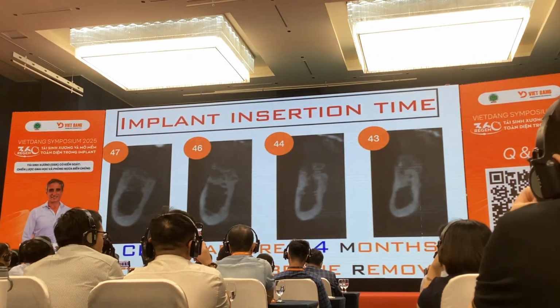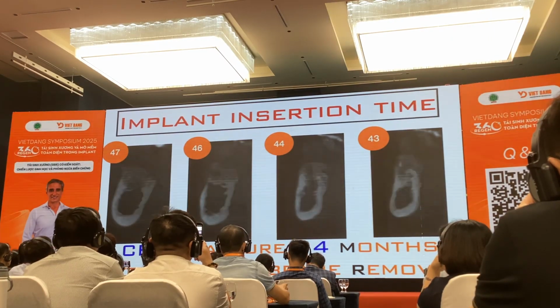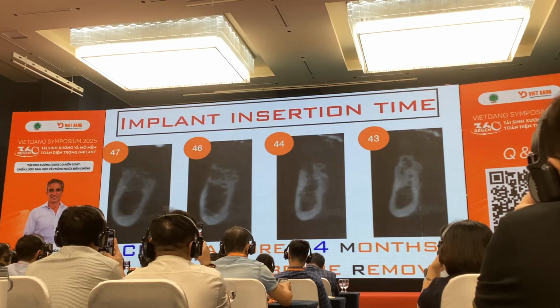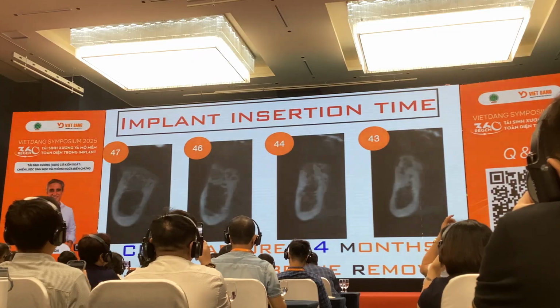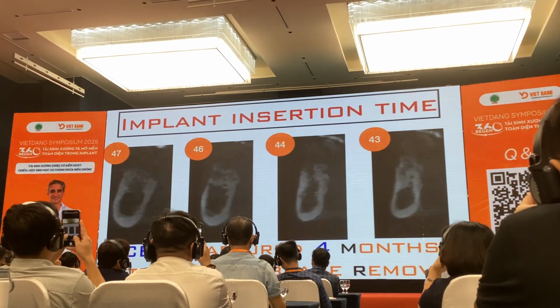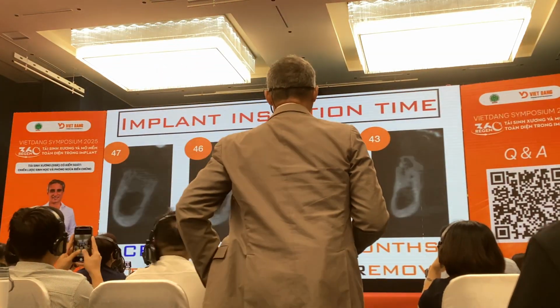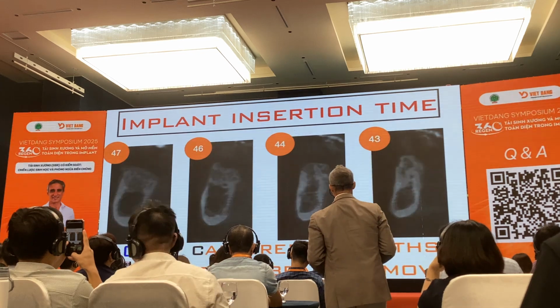And this is the characteristic of the bone 4 months later, after the periosteal contact. The bone has changed completely. Now we can see in some places the external corticalization and the improvement of the mineralization of the bone.